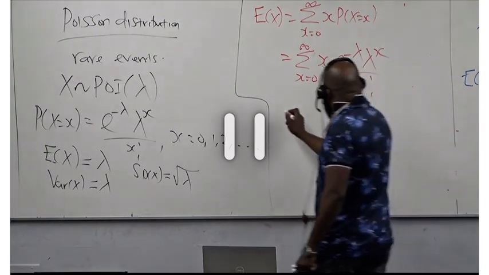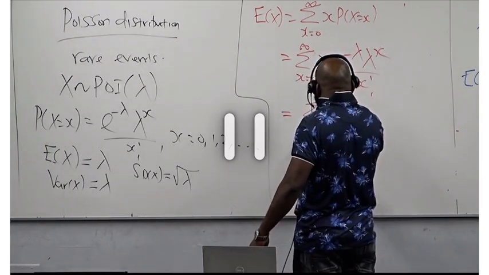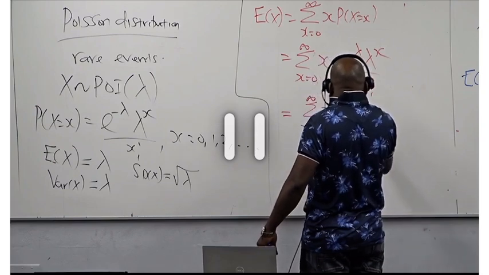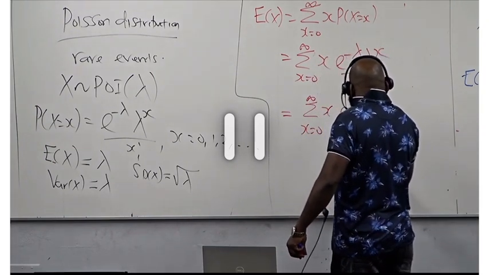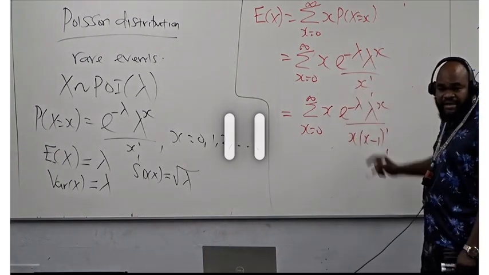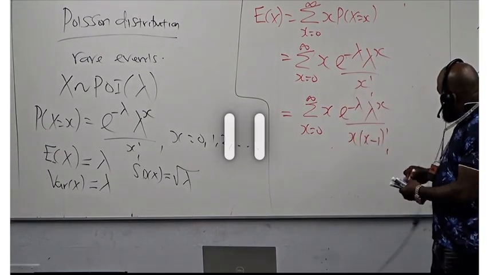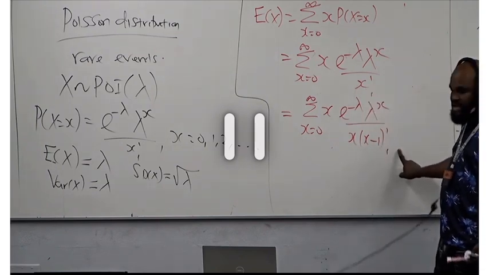Now I can rewrite that, with S starting from 0, I have this exponential, lambda raised to the power X, and X factorial can be written as X into X minus 1 factorial. I can write X factorial mathematically as X into X minus 1 factorial.